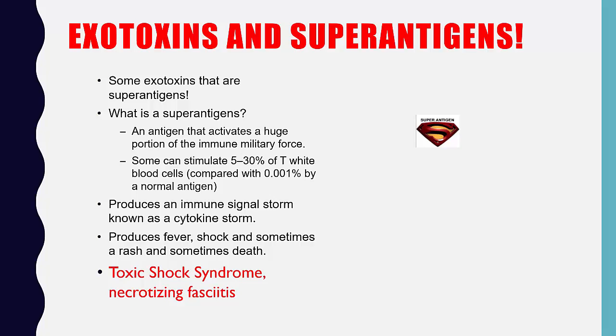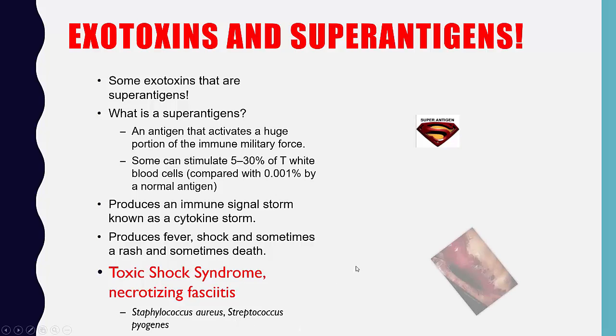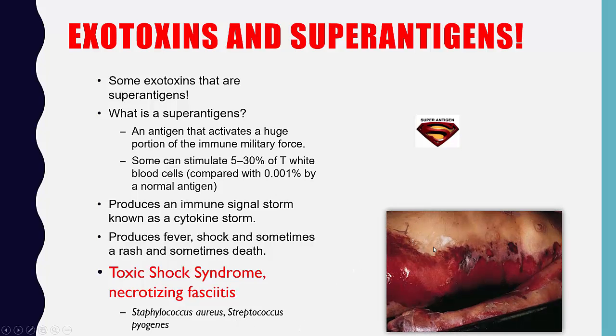Some bacteria, Staphylococcus aureus, group A strep, release antigens that cause such an inflammatory response that it will kill you. So Staphylococcus aureus and Streptococcus pyogenes. This is an example of necrotizing fasciitis, and this is due to all the toxins in the inflammatory response.